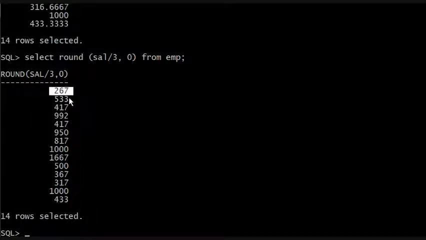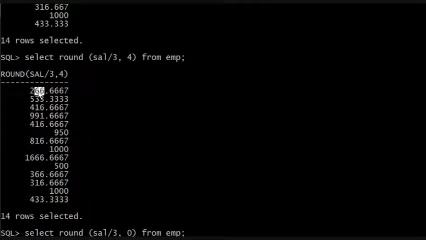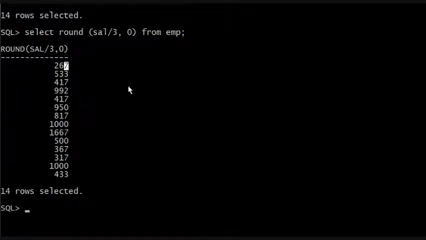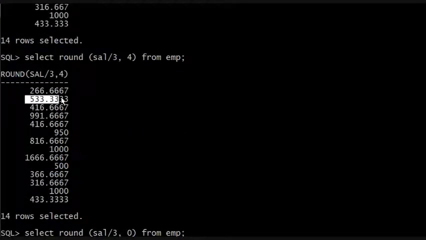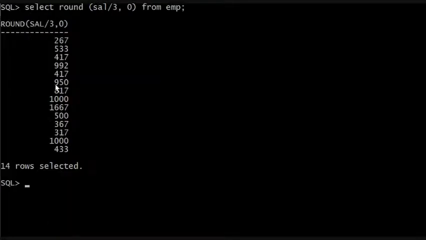So 267 at first was 266.6. Since 6 is greater than 5, and like I said earlier, this is not a math class, but I promise you 6 is greater than 5, it rounds up by jumping the 6 up to a 7. Let's do 416.667. That becomes 417.